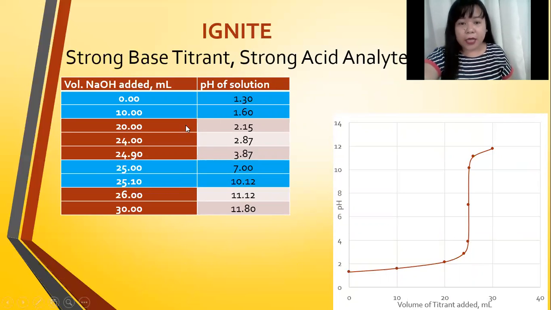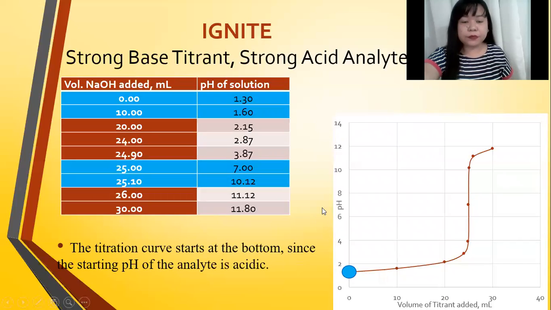So plotting that and also adding extra points in the curve, we would have this graph or this titration curve. So here are the points that we have computed with their corresponding pH levels.